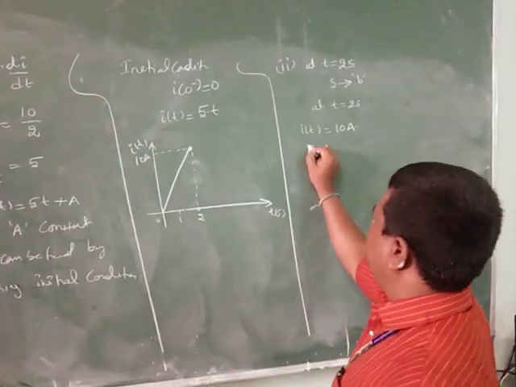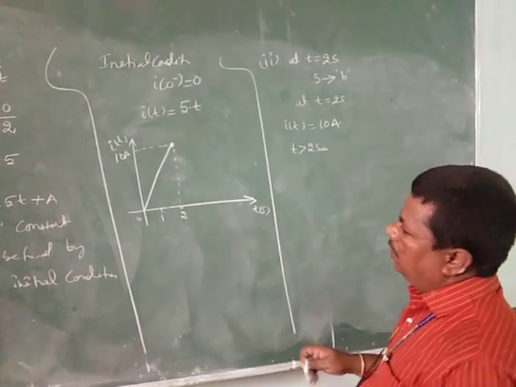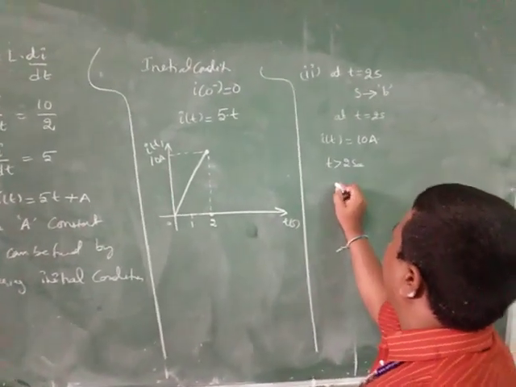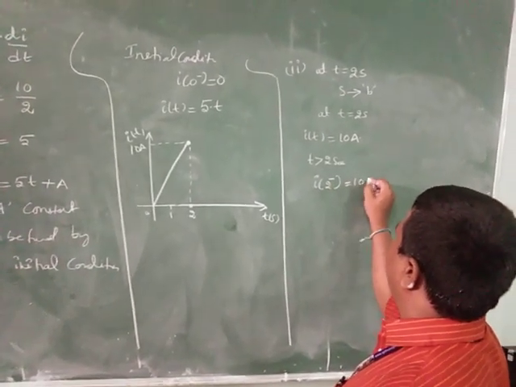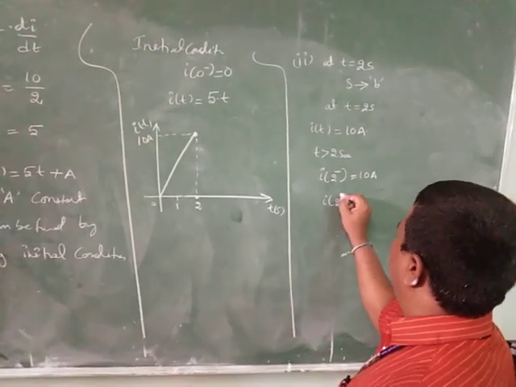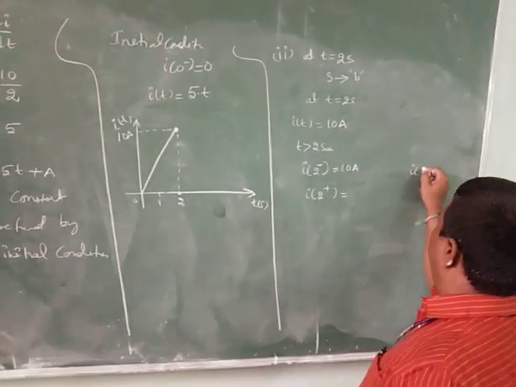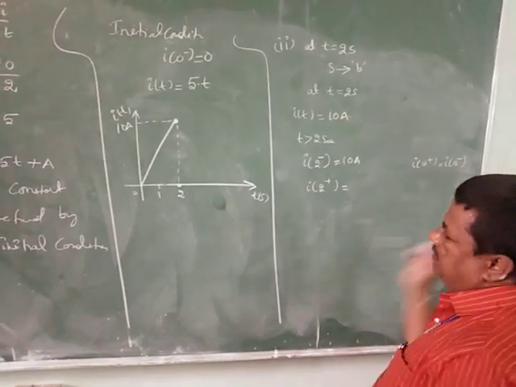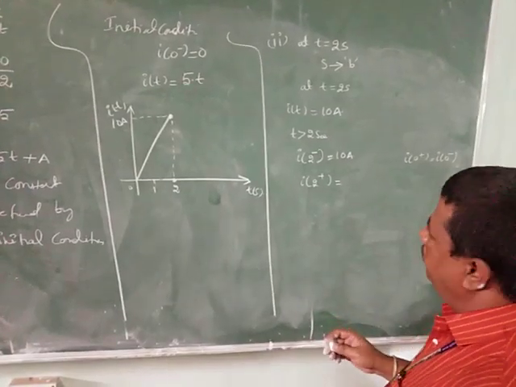Now find the response for t greater than 2 seconds. Just before 2 seconds, I of 2 minus is equal to 10 amperes. Then I of 2 plus: already in an inductor, I of 0 plus is equal to I of 0 minus.